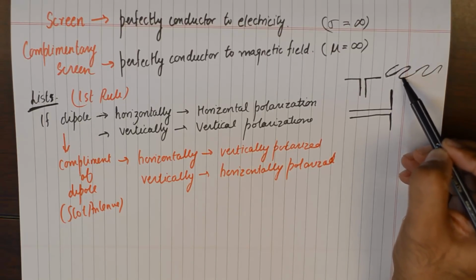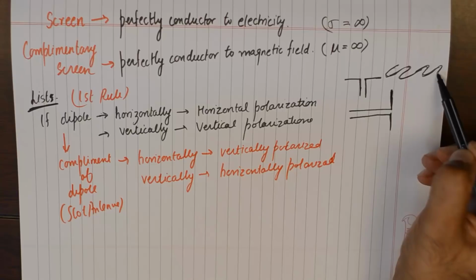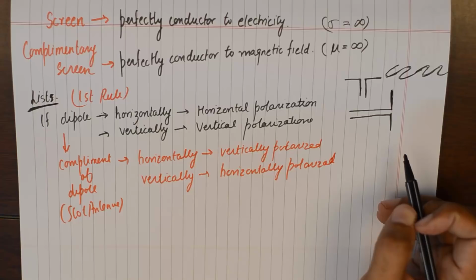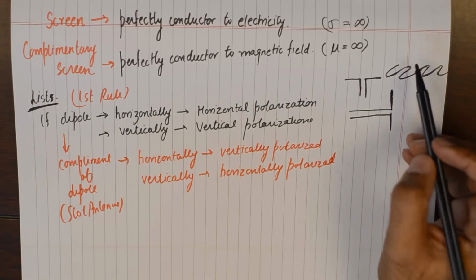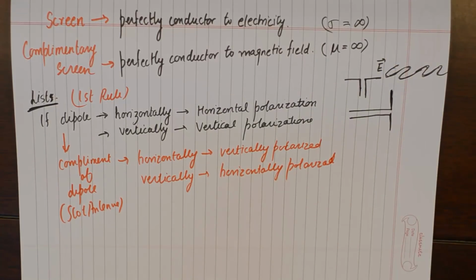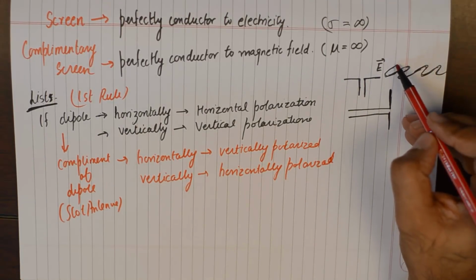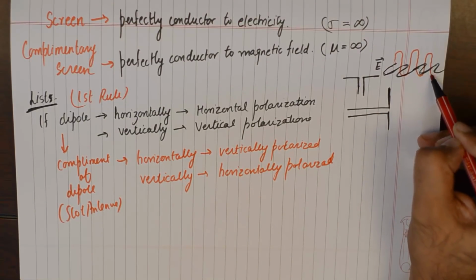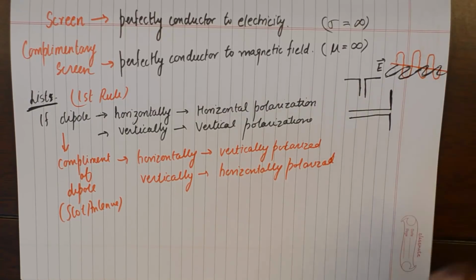Now, any wave which is horizontally polarized would have the E vector parallel to the earth, and the H vector will be, of course, perpendicular to the earth.